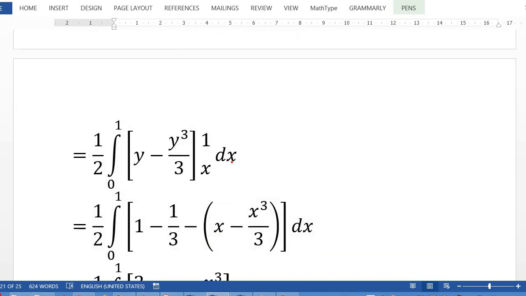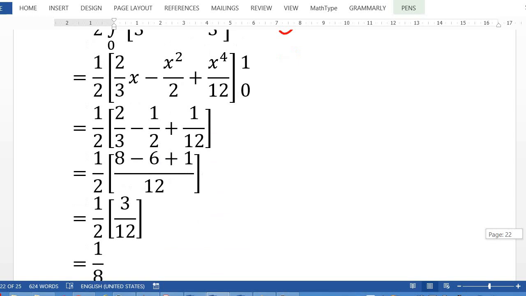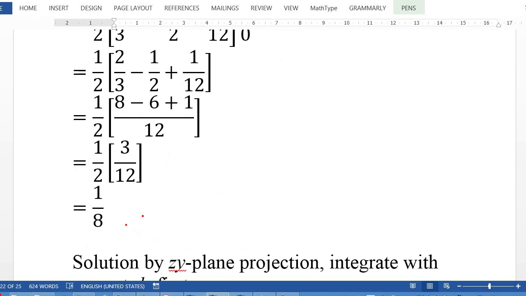Put in the limit for y from y equal to x until y equal to 1. So you have 1 minus 1 third, 2 third, minus the substitution of the lower limit, x minus x cubed over 3. Lastly, you integrate with respect to x, or use your calculator. You get the answer here is 1 over 8.